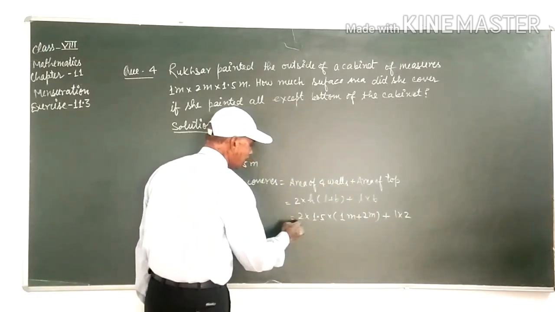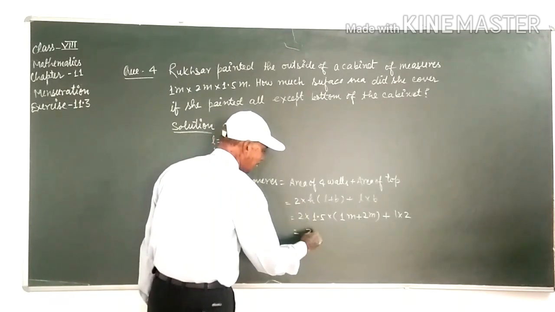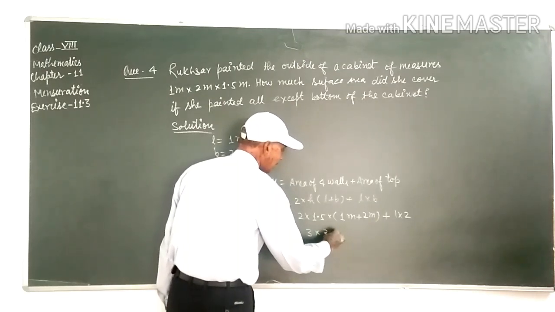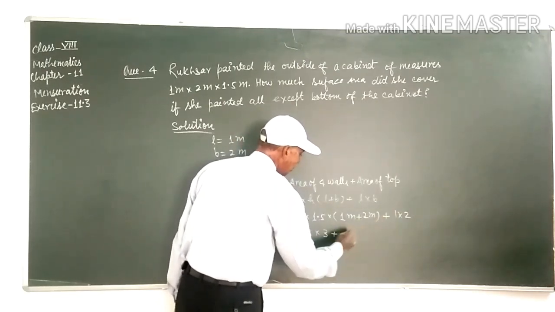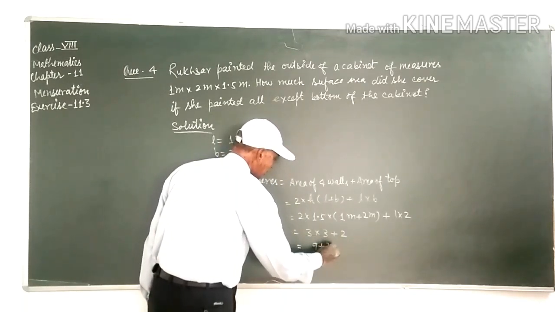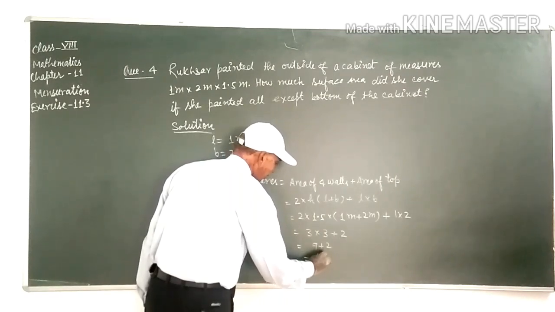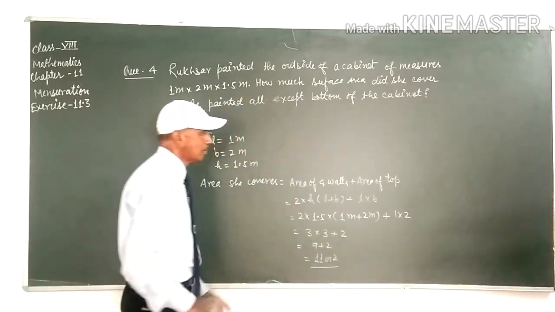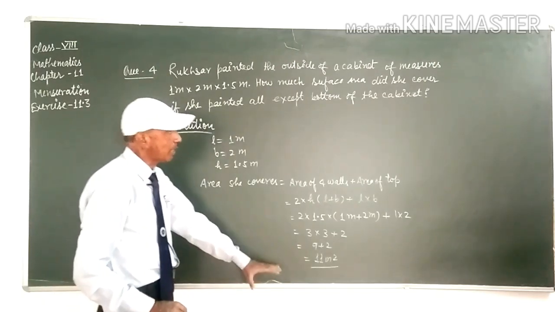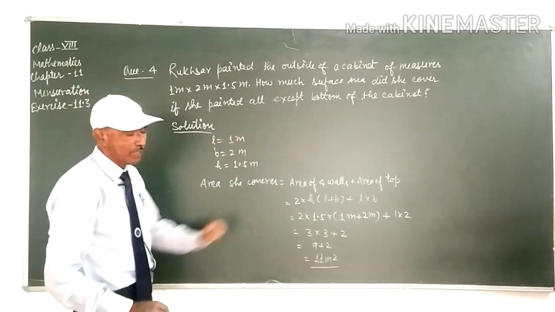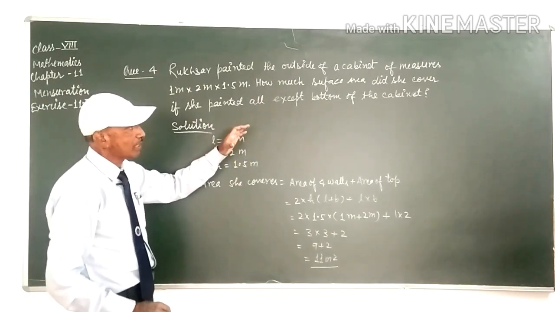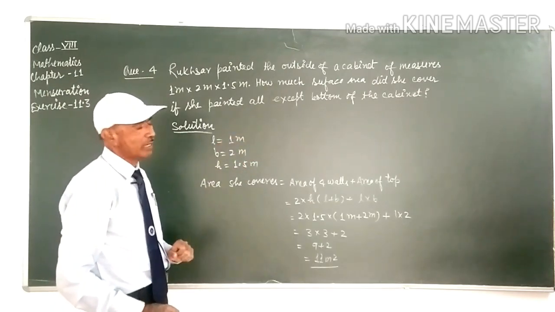So it will be 2 into 1.5, that is 3, into 1 plus 2, that is 3, plus 1 into 2, that is 2. So 3 threes are 9 plus 2, and it will be 11 meter square because it is area, students. So she covers 11 meter square, or she painted 11 meter square. That is the total surface area of the cabinet except the bottom.